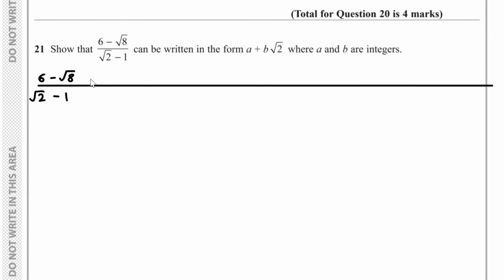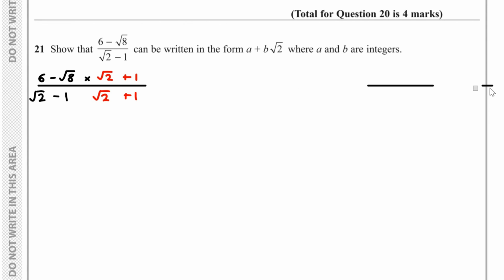And what we have to do here is multiply both the numerator and the denominator by the conjugate of the denominator. The conjugate of the denominator is root 2 plus 1. So we multiply the top and bottom by root 2 plus 1.